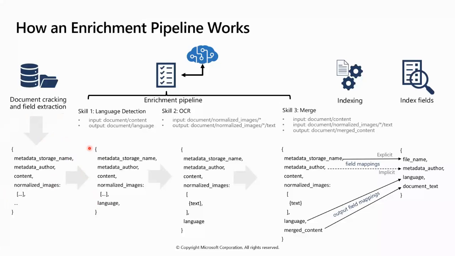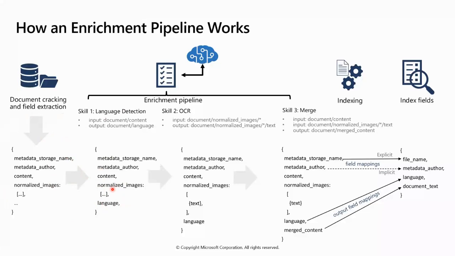Now, when a document in the data source contains images, we can configure the indexer to extract the image data and place each image in a normalized image collection, like this. We have the normalized images, and in the normalized images, we can have image 0, 1, 2, 3, 4. Okay.